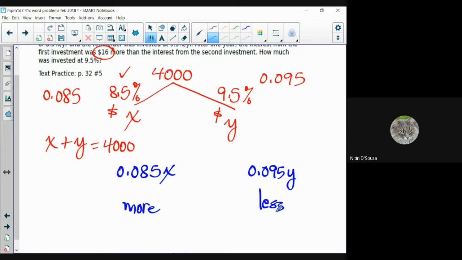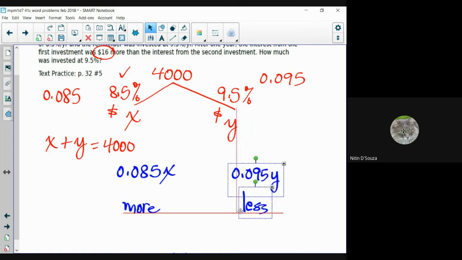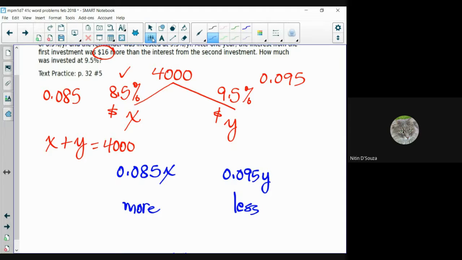Are we okay with that so far? In order to make them equal, I could minus from the more, or I could add to the less. Okay, got to reason it out.